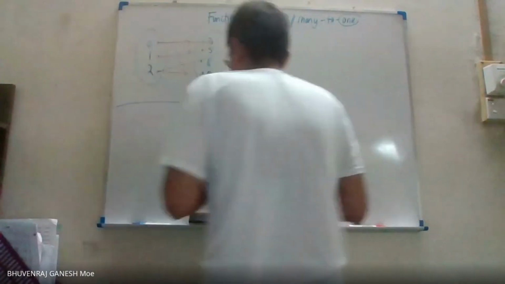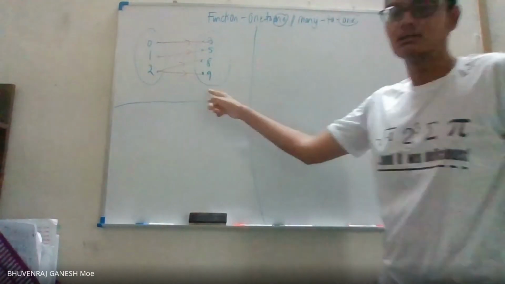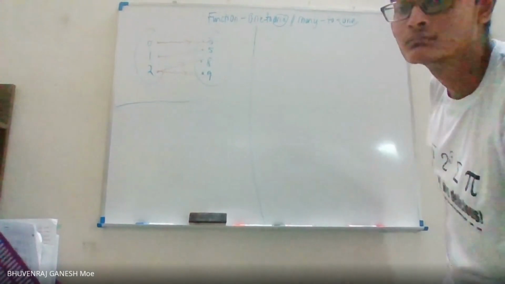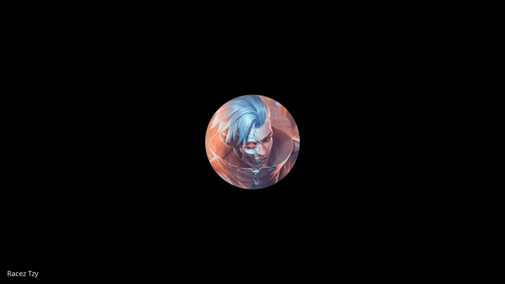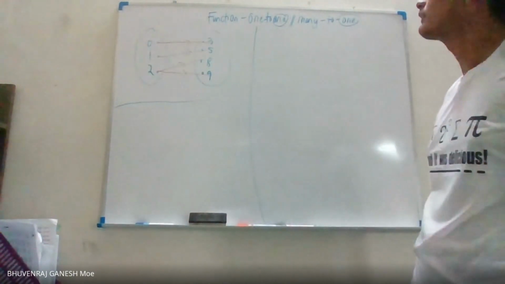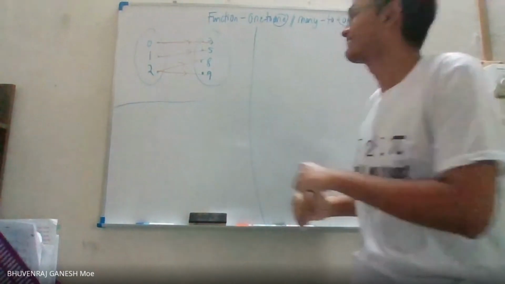This is the first example. Now you tell me this one first. What function would it be? Many-to-1? Wait, let me see. 1-to-many. Yeah, correct.